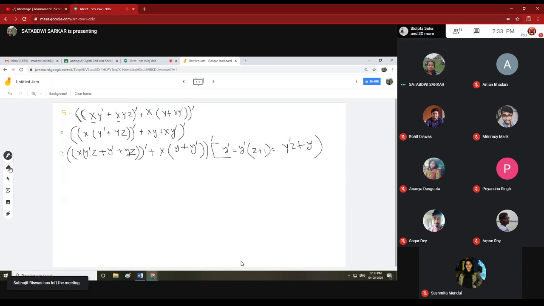Sorry, it is third bracket. So y bar can be written as this because y bar equals to y bar into z plus 1. So y bar z plus y bar. We are following this.